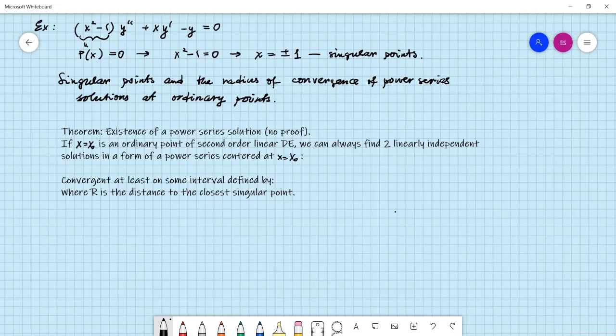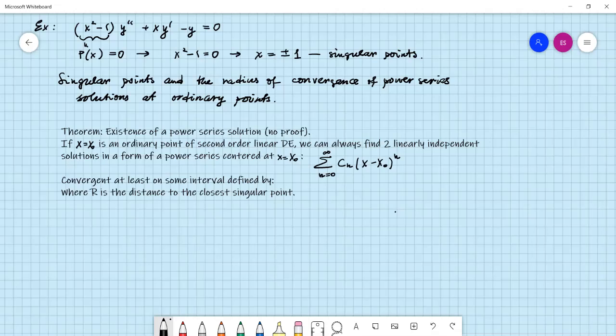They are going to look like, let me write it down, sigma C_n (x minus x0)^n, n goes from 0 to infinity. So the theorem tells that if you have an ordinary point, then solutions exist, and the two of them exist.